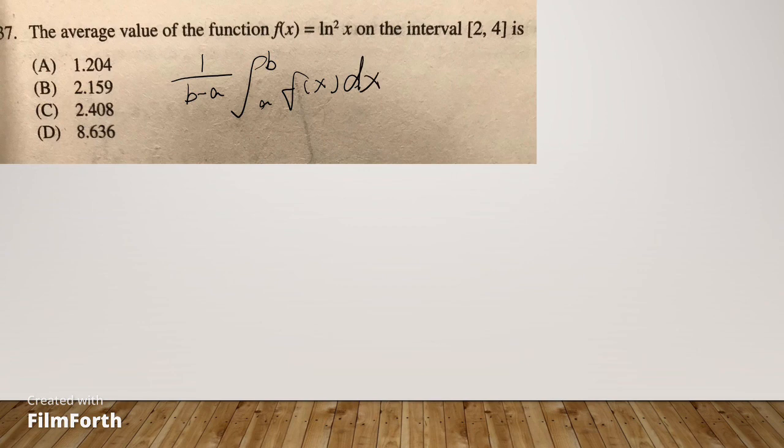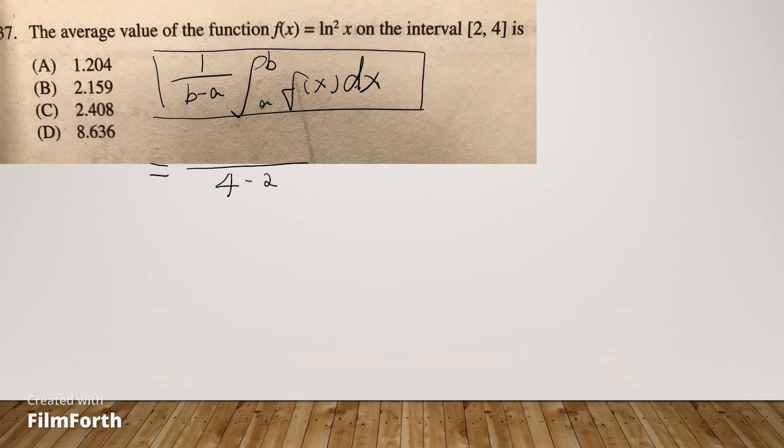So this is the formula, and according to this formula, we have our expression, which is b is 4, a is 2, 1 over 4 minus 2, integral from 2 to 4, and our function is ln squared of x dx.